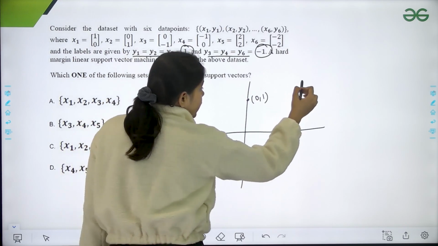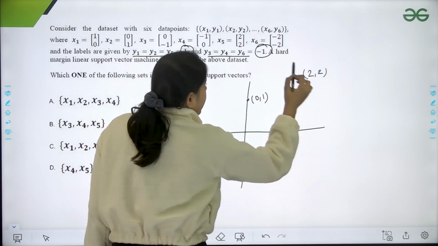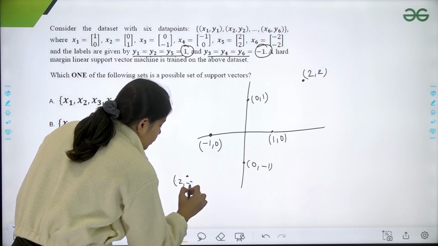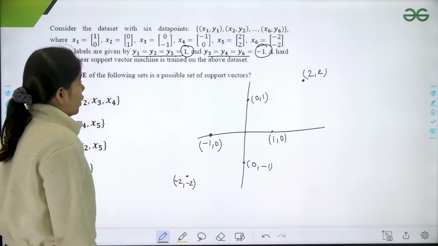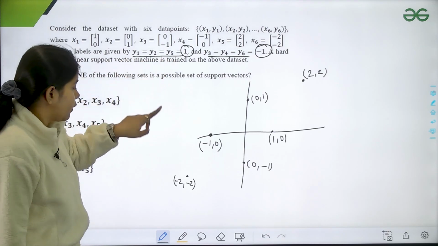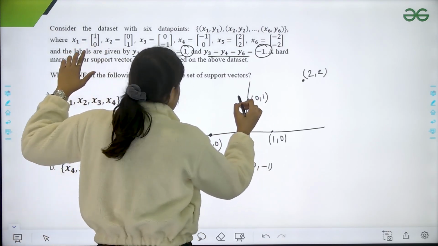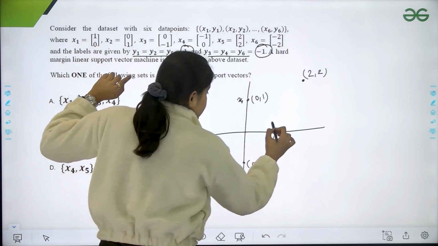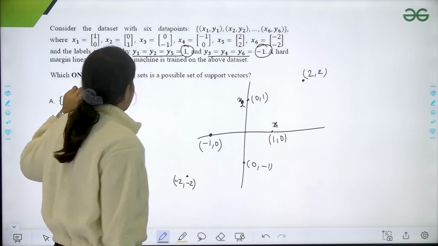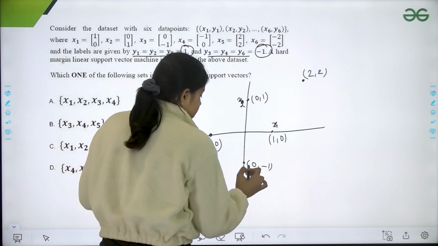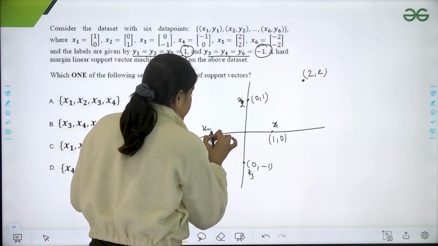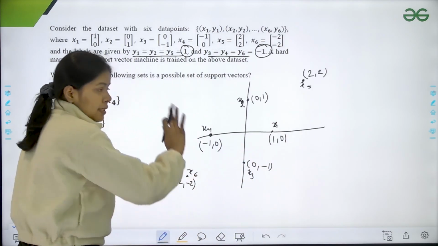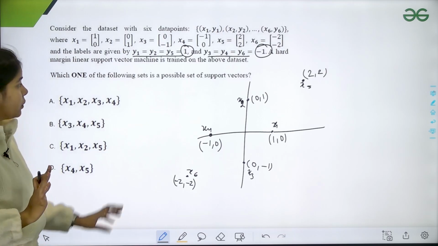Then we have the next point, (2, 2), and another point, (-2, -2). This is x1, this is x2, and x3 is (0, -1). This is x3, this is x4, this is x5, this is x6. So these are all the points on the 2D plane.